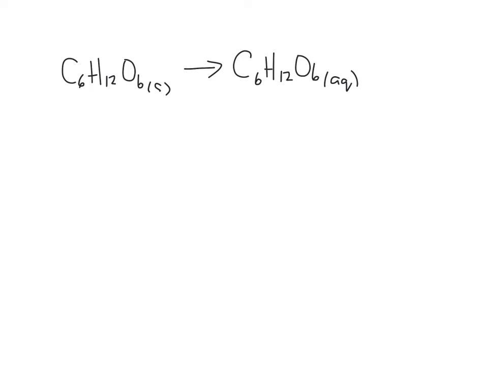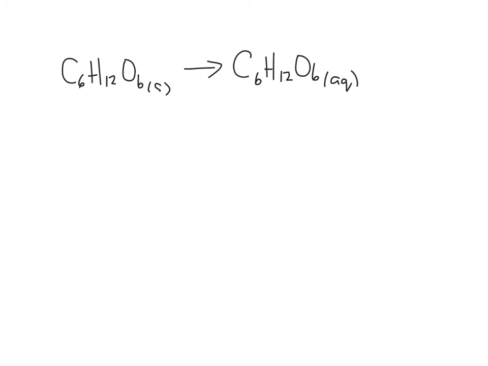You do not put water into your chemical equation because it's not reacting with water. It's simply being dissolved by water. Dissolving is a physical change, not a chemical change. So it goes from a solid to an aq.